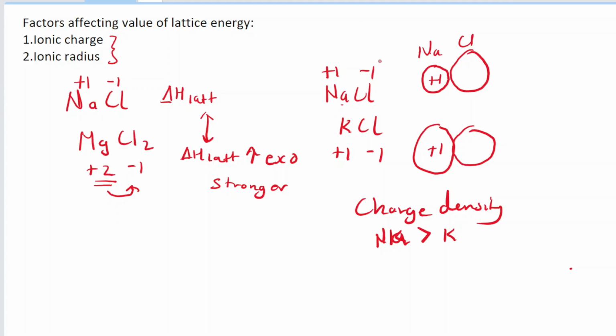So here we will have a greater lattice energy than for potassium chloride. So potassium chloride has a lower lattice energy than sodium chloride because it has a bigger ion, which leads to lower charge density. And so there is less attraction between the positive ion and the negative ion.